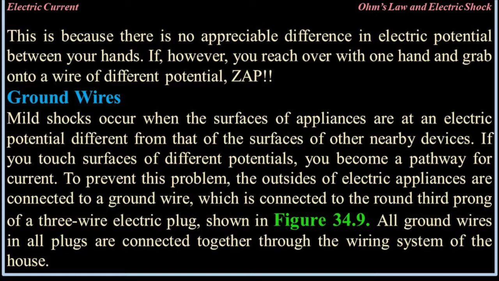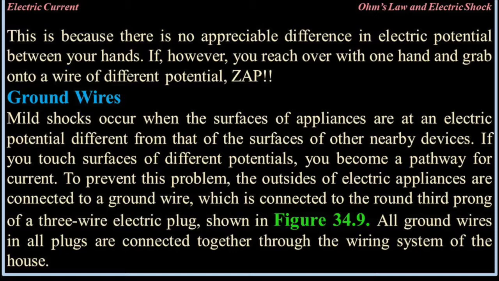Ground wires. Mild shocks occur when the surfaces of appliances are at an electric potential different from that of the surfaces of other nearby devices. If you touch surfaces of different potentials, you become a pathway for current.